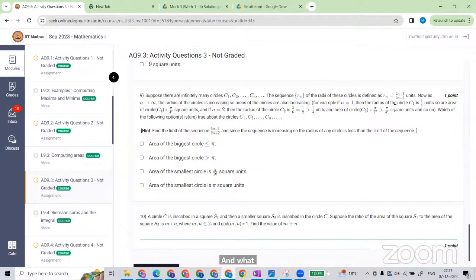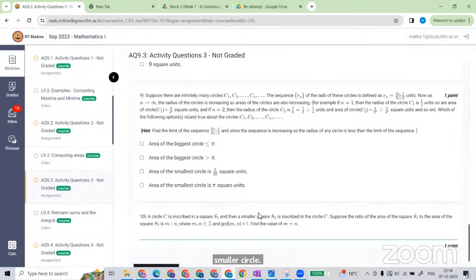For C1 it is 1 by 4, for C2 it is this one. Then the area will be this one. The next part of the problem is the area of the biggest circle is less than 5. Area of the biggest circle is less than pi. Area of the smallest circle is pi.